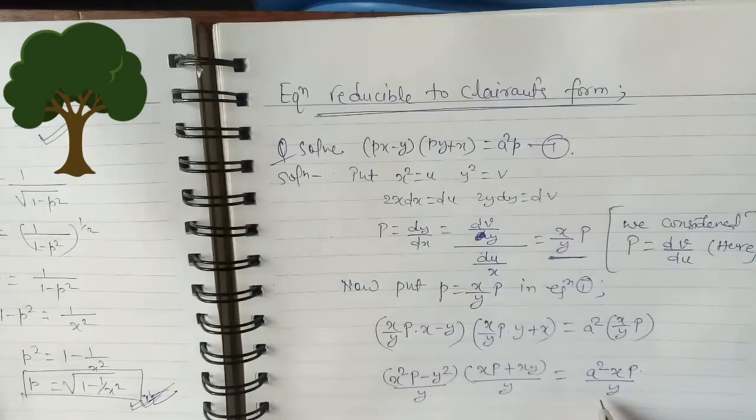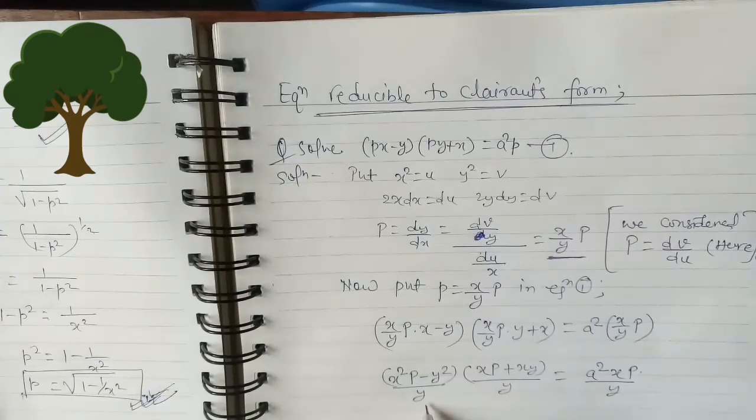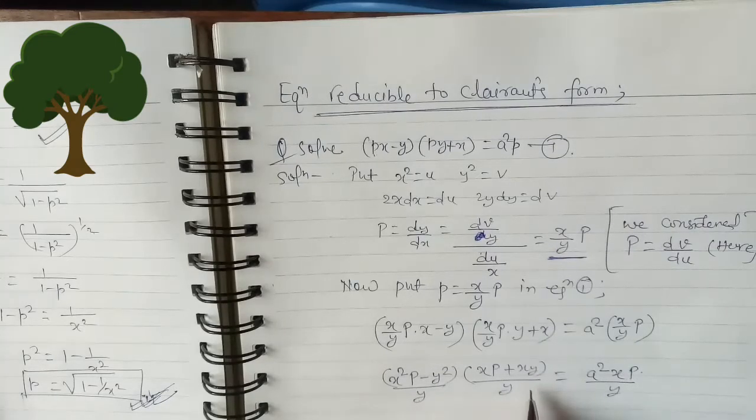So from here y and y cancel, but here remains 1 y because it is y into y square.